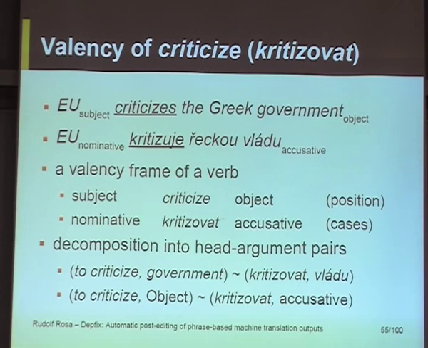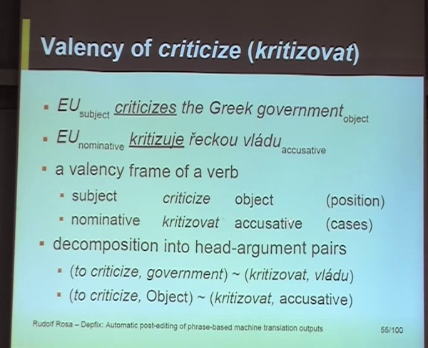In Czech it's different: there is again a subject and an object, but they are distinguished by the morphological cases they are in. For the verb kritizovat, the subject is nominative, as usual, but the object is accusative. So we need to somehow know that the object is accusative, and then we can correct the error.